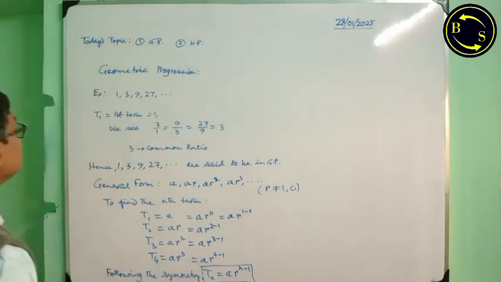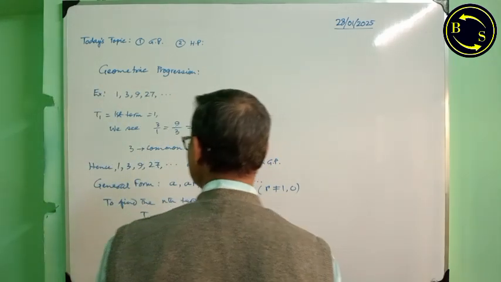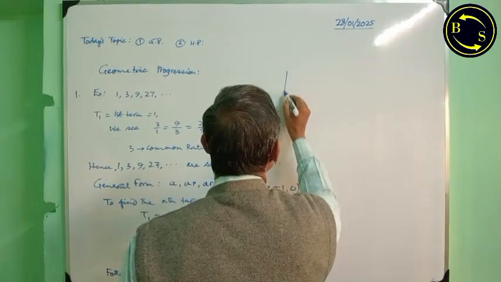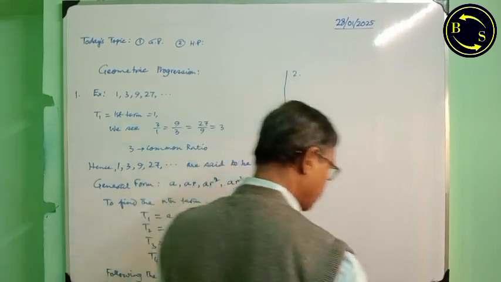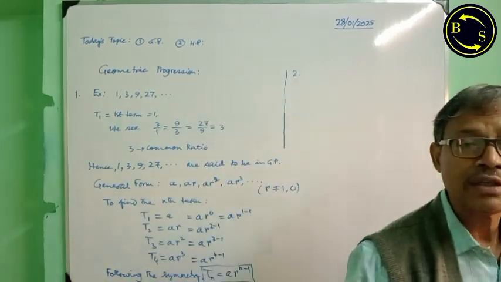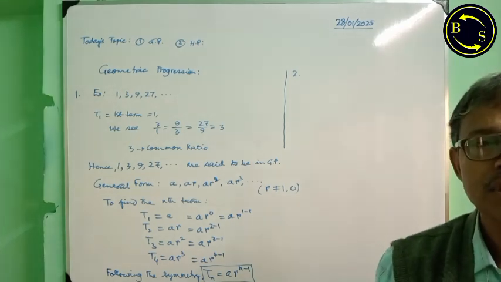Next, issue is how to find the sum of first n terms of a GP.